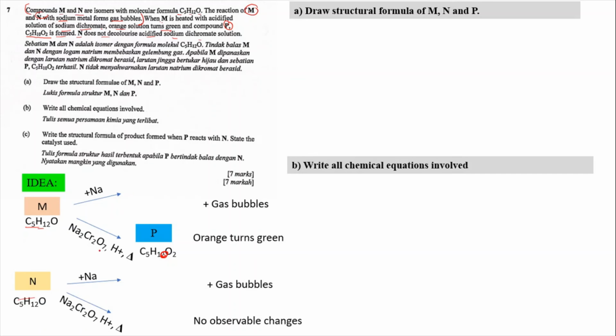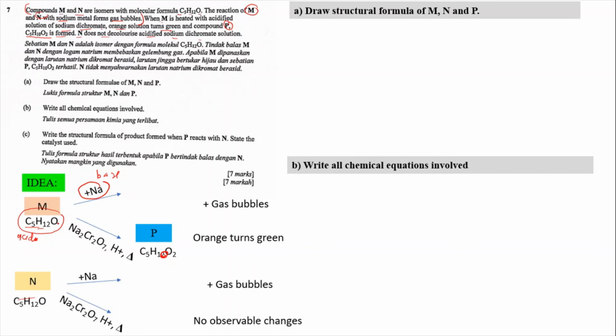So you know that between M and N, M can undergo oxidation and M can react with Na. N cannot undergo oxidation. By looking at the general formula here, C5H12O, it reacts with Na, which is a base, so you might think it's an acid, since acid and base can react together.